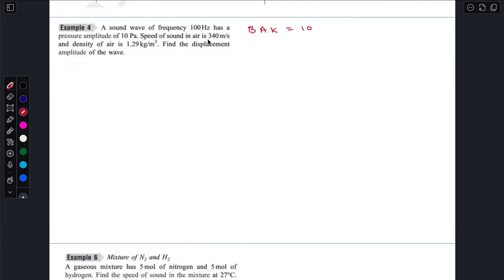Hold on. You have given speed. You have given density. You can get bulk modulus from this. V is root B by rho. B is V square rho. Help me in writing this. 340 square times 1.29.